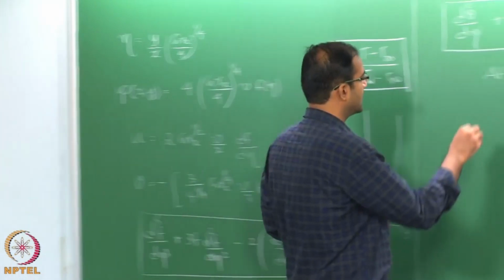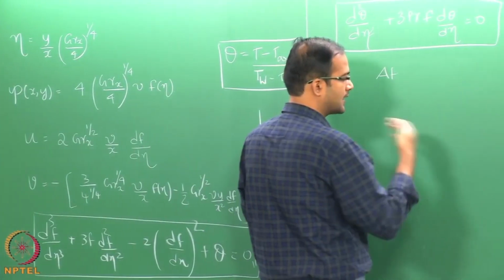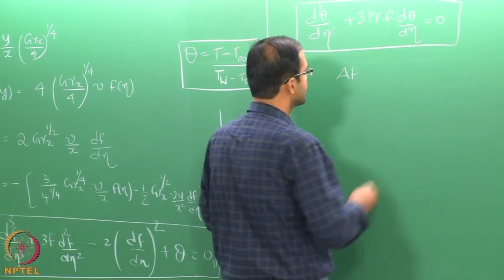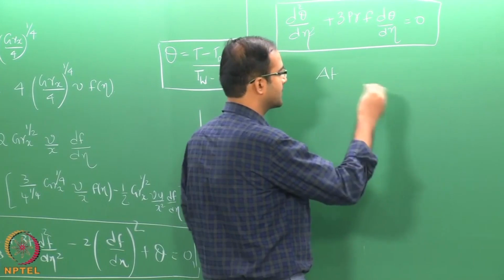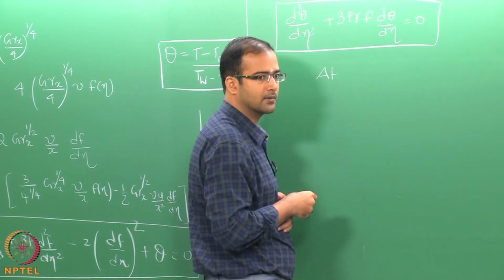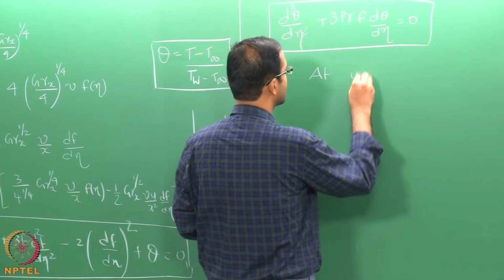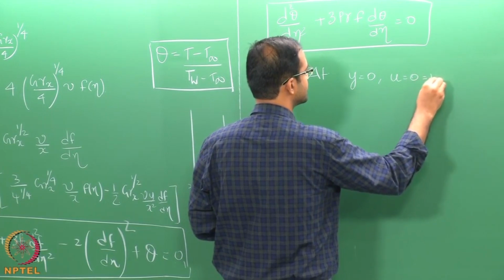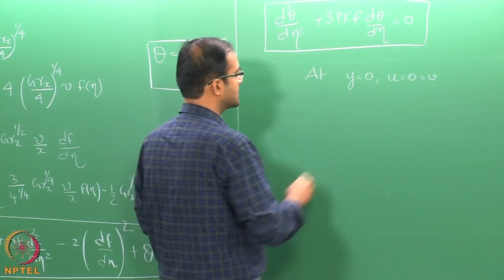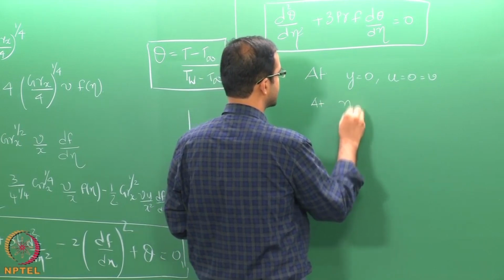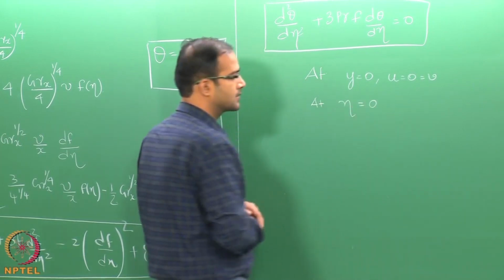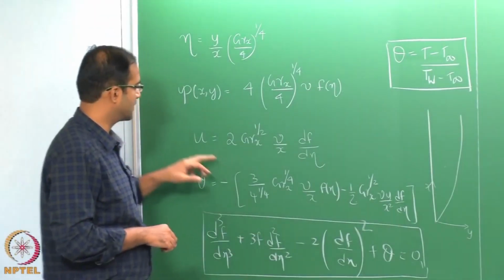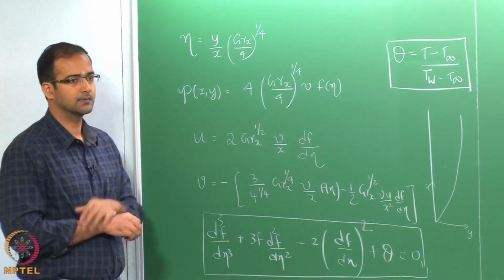And when we do this transformation from psi, which is a function of x and y, to eta, we apply also the transformation for the similarity variable eta. So, at y equal to 0, since we have the no slip boundary condition, we can also say that using our similarity variable, y equal to 0, eta equal to 0, what will be the condition for df by d eta?